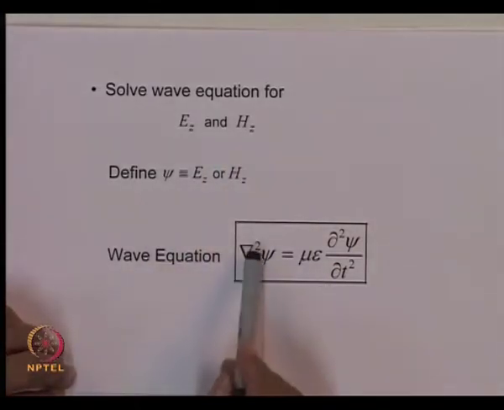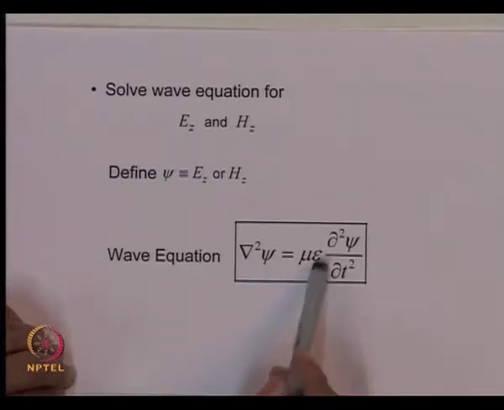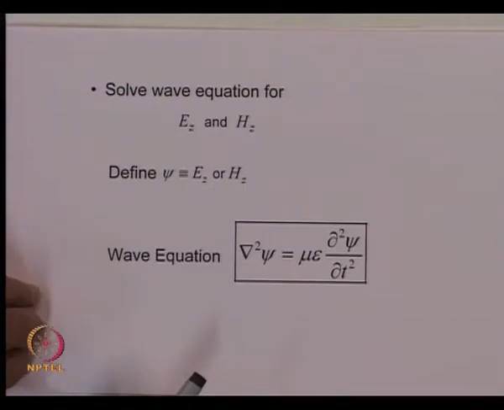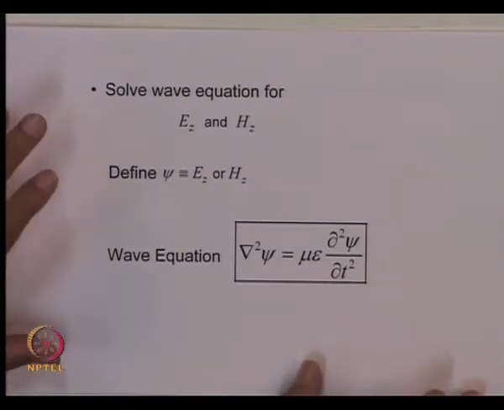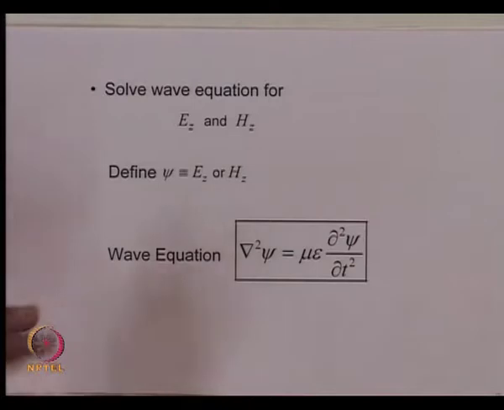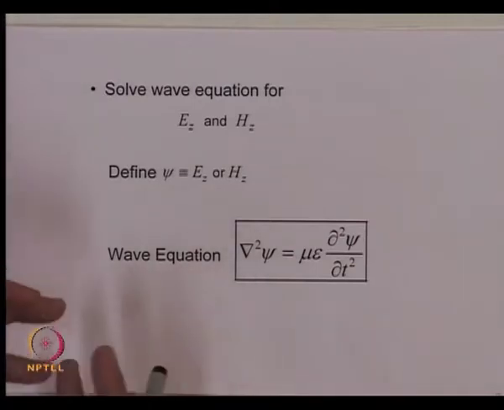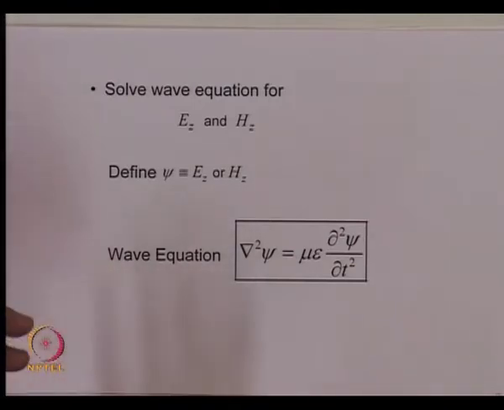So, the wave equation now is del square psi is equal to mu epsilon d2 psi upon dt square. And this equation we have to solve in the cylindrical coordinate system, because that is the appropriate coordinate system for the circular core optical fiber.